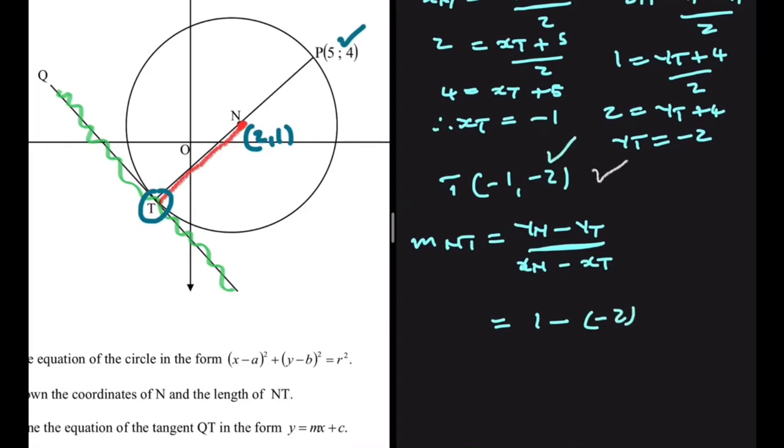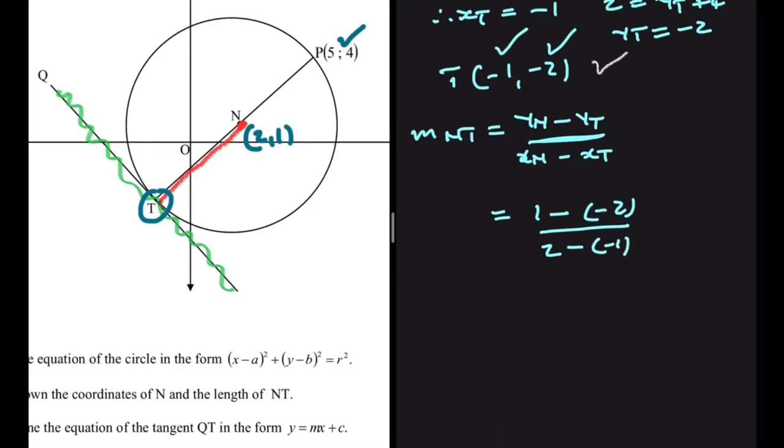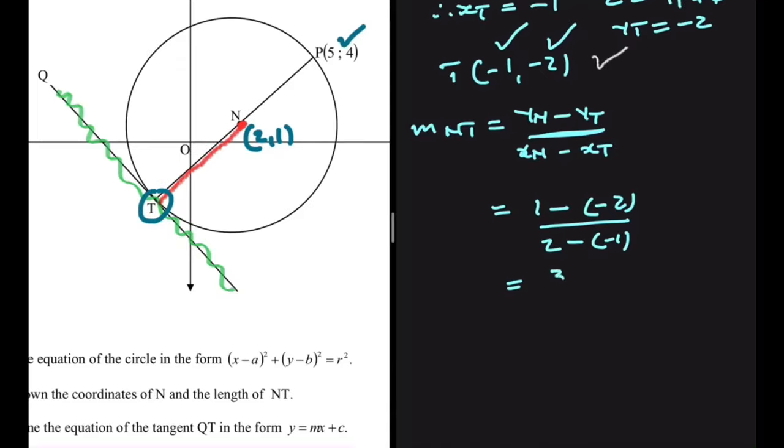We have it right here. And then everything divided by x of N, which is 2, minus x of T, which is minus 1. So we have 3 divided by 2 minus 1, that is 3. So the gradient of NT is 1.